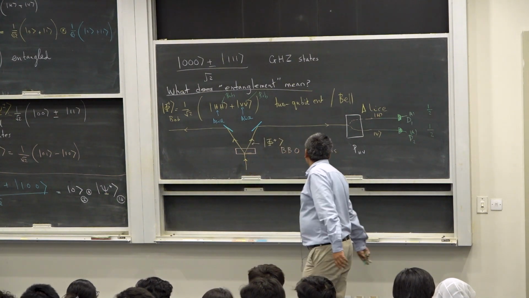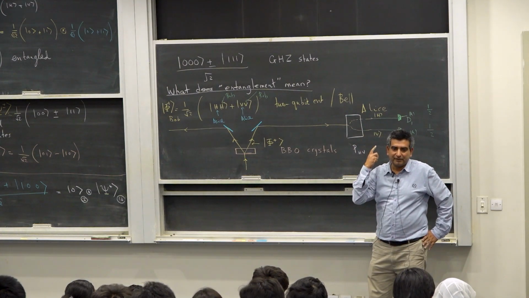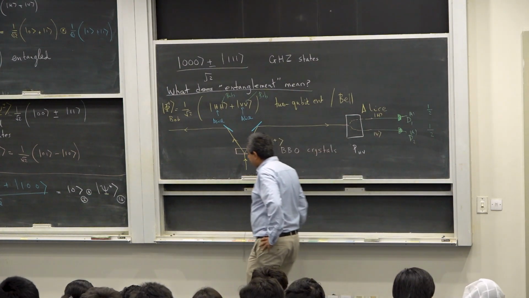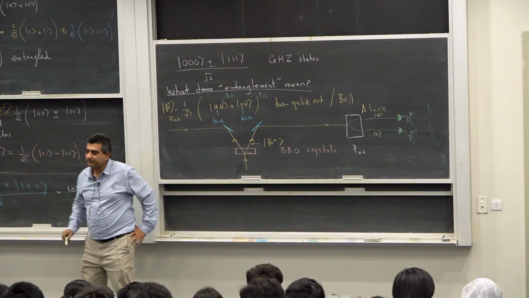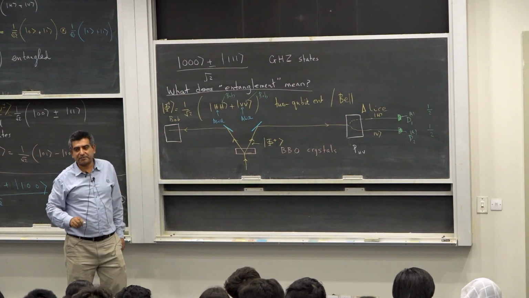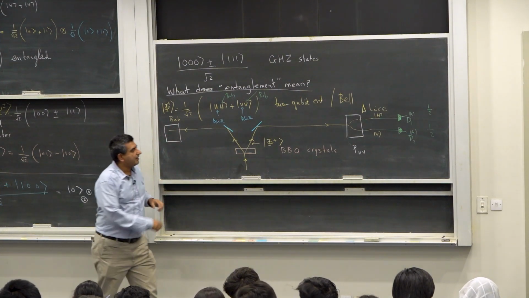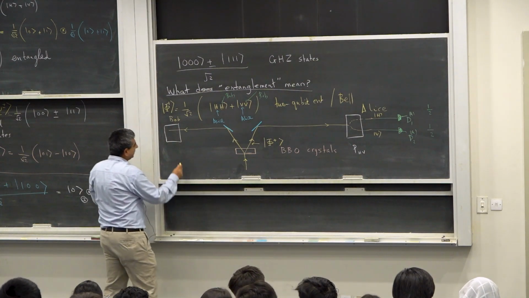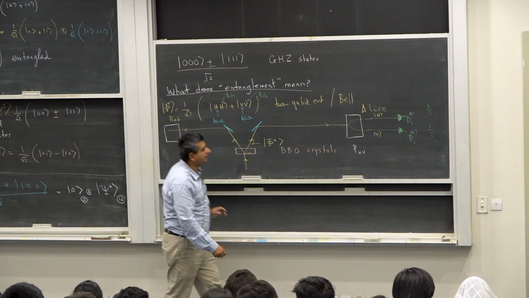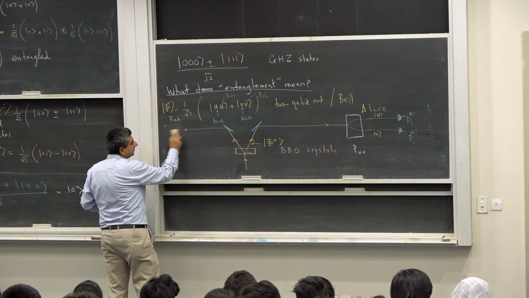Now suppose Bob is lucky and Bob survives. So Bob also has a measurement device, which is totally identical to Alice's. Another PBS. So let me reposition this so that I can draw something else as well.